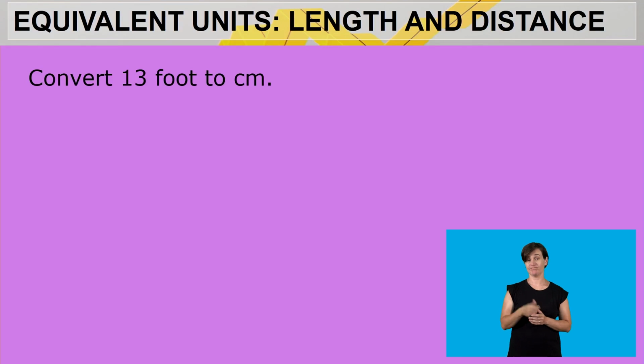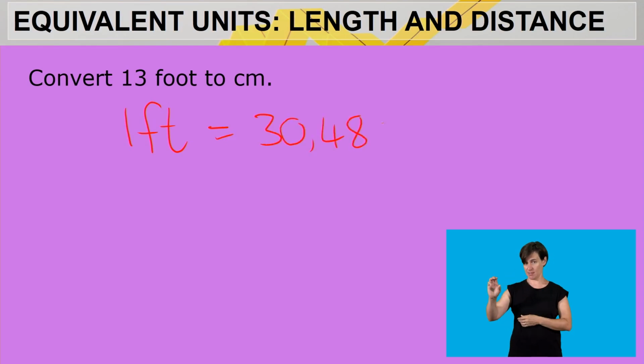Another one, convert 13 foot to centimeters. So what will happen when I need to convert the foot to centimeters? First, we need to know the conversion factor, and that is 1 foot is 30.48 centimeters. So for every foot, there is 30.48 centimeters.